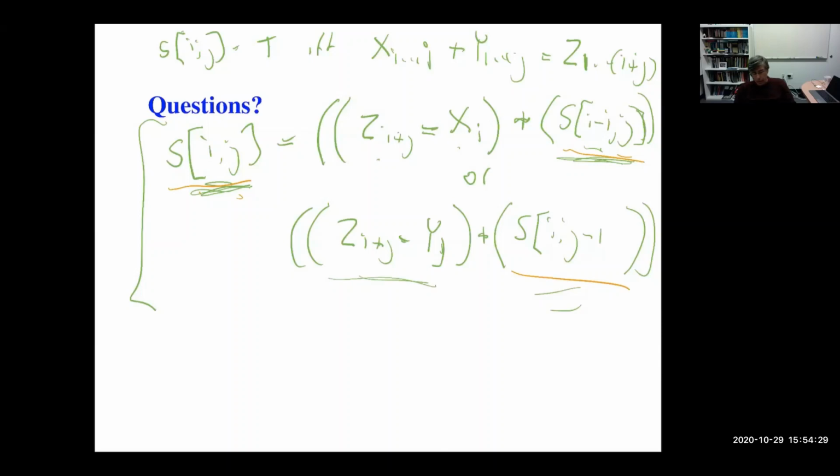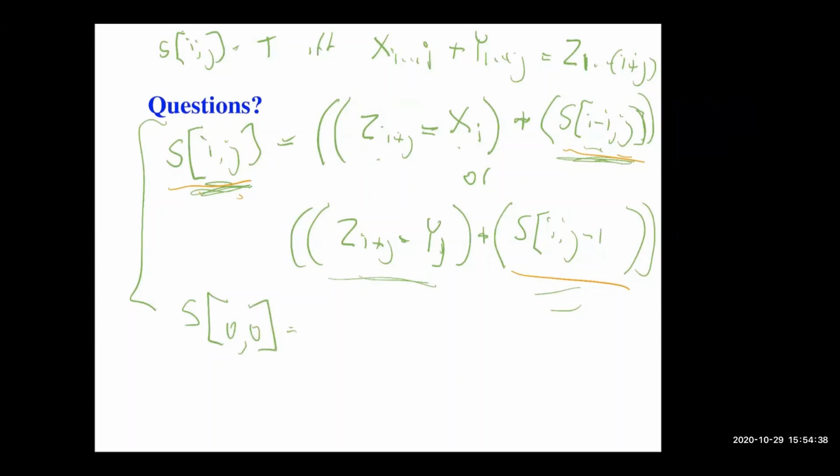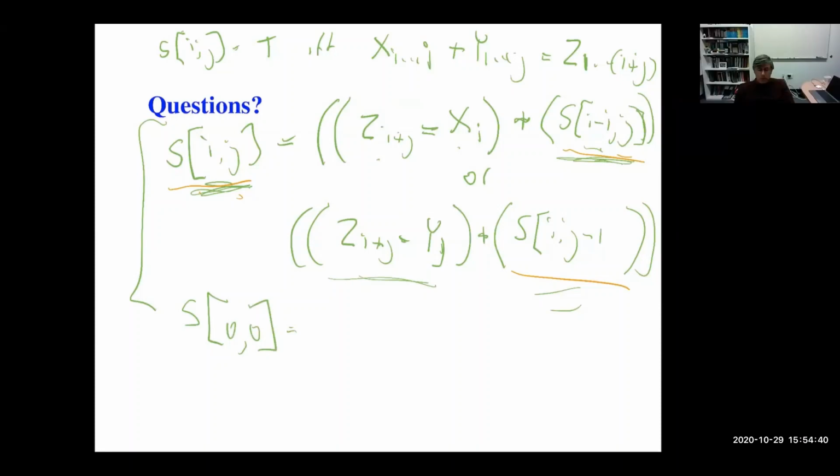What is S of 0, 0? True. Remember this is a Boolean thing, right? It's true. Can I shuffle the first 0 characters of x and 0 characters of y to make the first 0 characters of z? Can I do it?